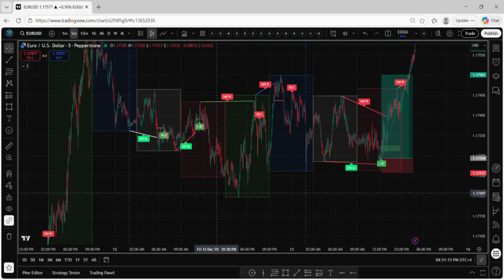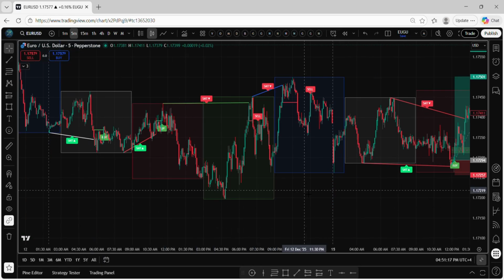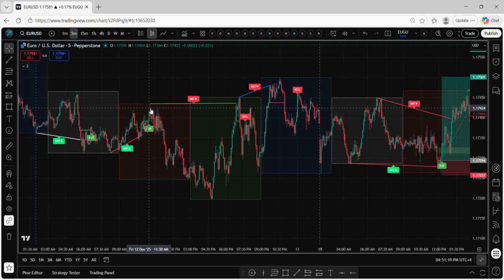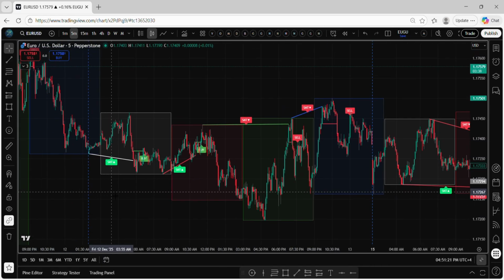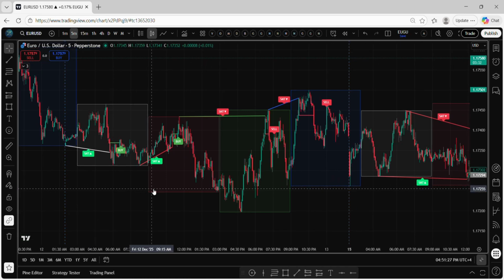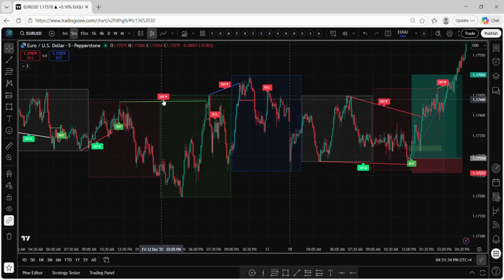Let me show you how. Check this one. This SMT is detected between Q1 and Q4. Here another bullish SMT is detected between Q1 and Q2. Here a bearish SMT is detected between Q2 and Q3.